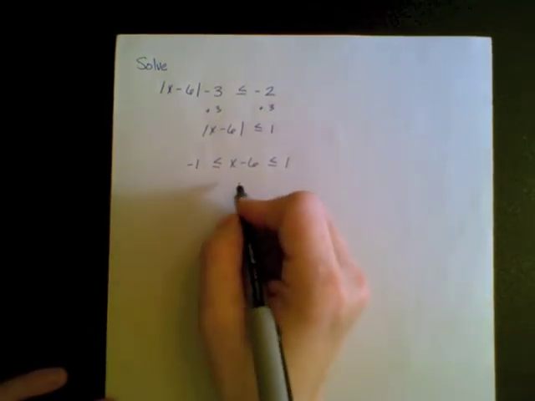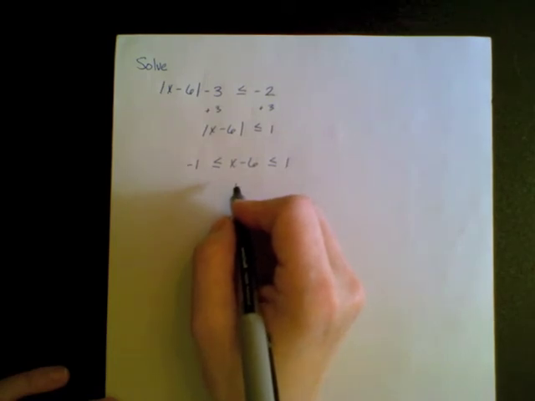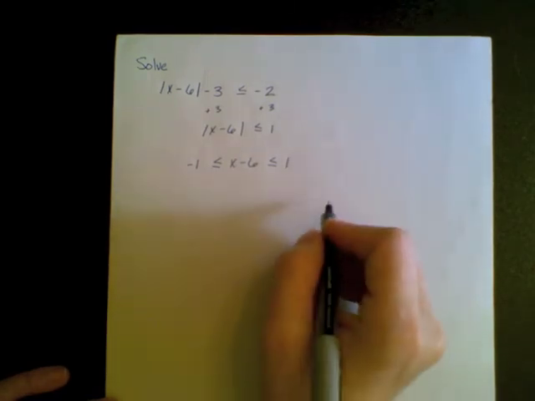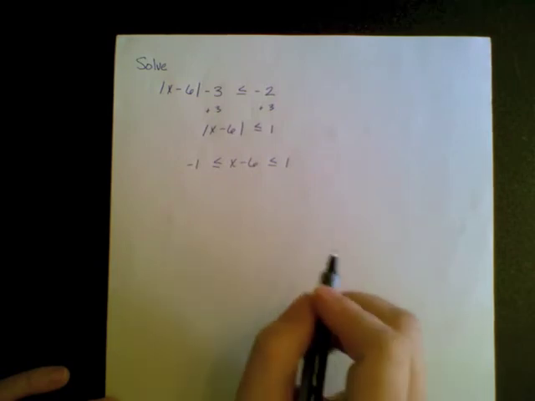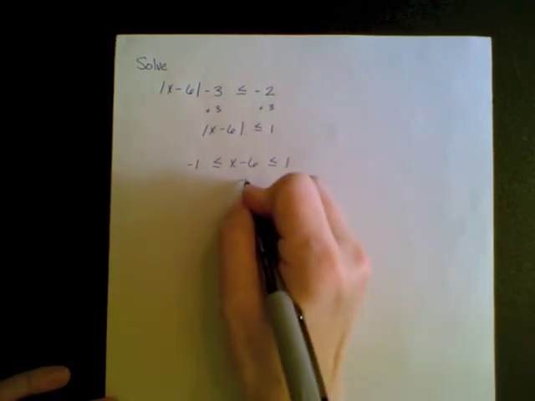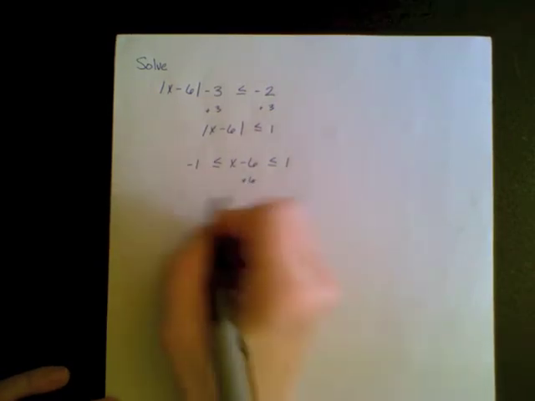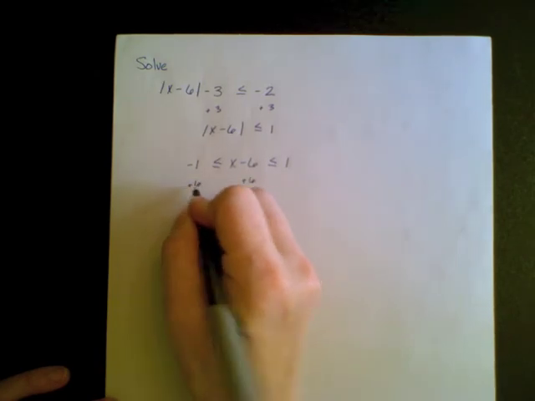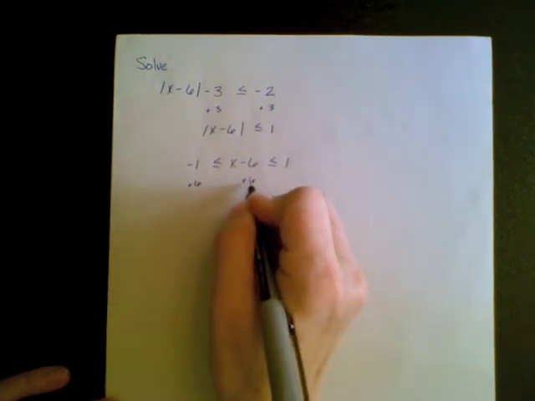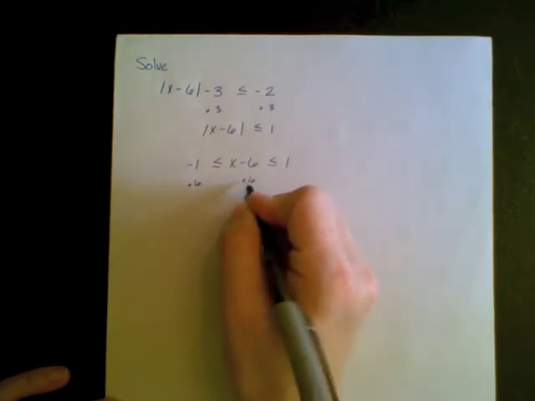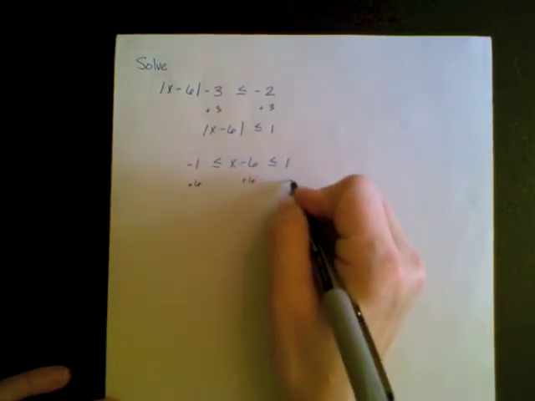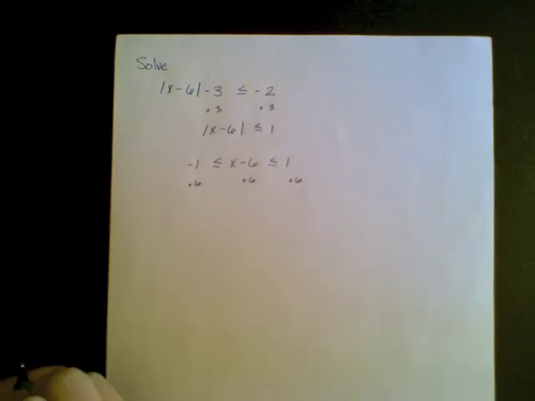I can do like I did before and rewrite it as 2 separate inequalities, or this time we'll go ahead and show you if we could add 6 to both sides of this inequality. But remember, it's a compound inequality, so you would have to add 6 to this as well.